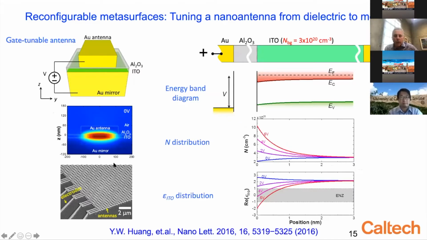This shows an example of a one-dimensional array of metasurface elements. Within a material like ITO, indium tin oxide, an example of a transparent conducting oxide, it's a wide bandgap material with high carrier densities.